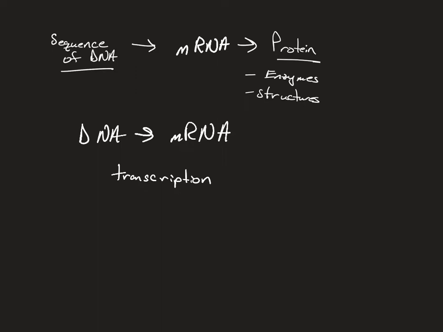This is transcription. So when we take DNA and we make mRNA, we call that transcription. When we take that mRNA and we make a protein, that's another process that's called what? Translation is correct. That's translation.